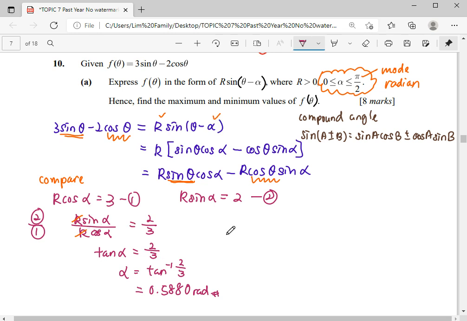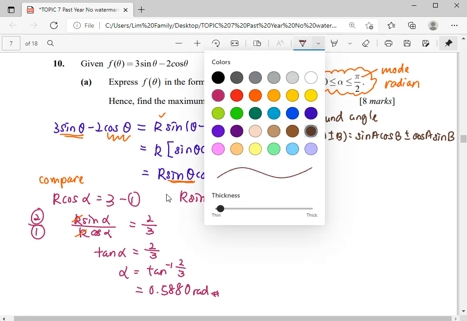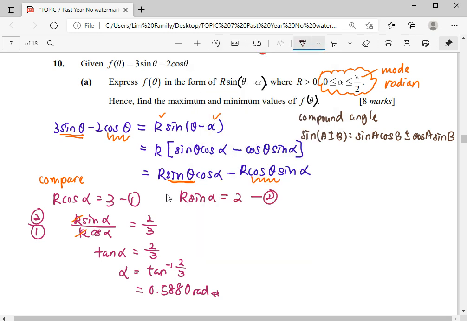Then we continue. How are we going to eliminate our alpha to find our r? Just now we found our alpha, now we eliminate alpha to find r. In order to eliminate alpha, we will use the identity formula, where sine squared theta plus cos squared theta equals 1.